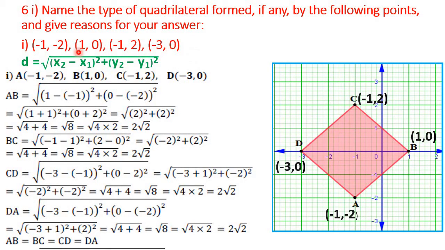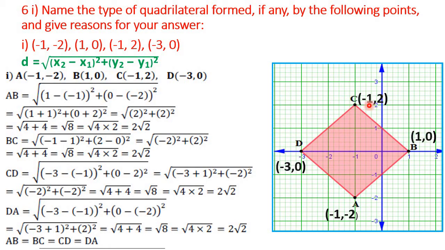Now let us locate all these points in a graph sheet. So the point A is (-1, -2), the point B is (1, 0), the point C is (-1, 2), and the point D is (-3, 0).